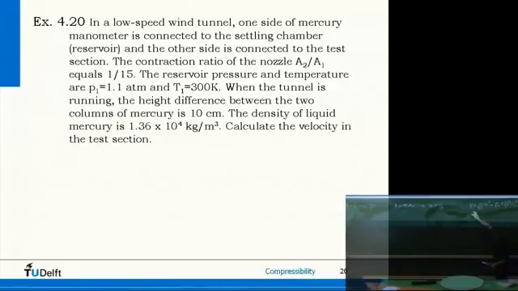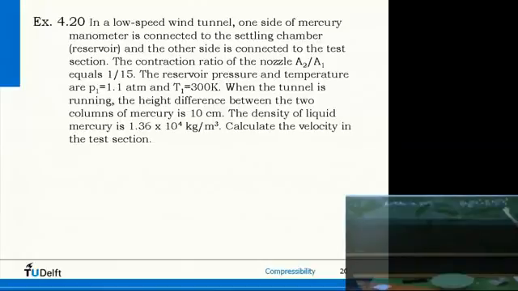So if V2 is much larger than V1, P2 is much smaller than P1, right? So I drew this one, right? P1, P2.